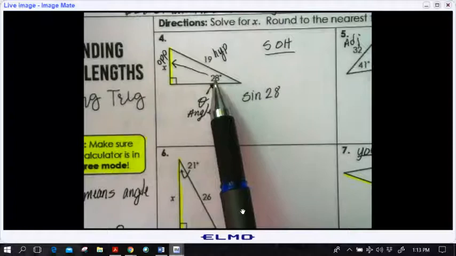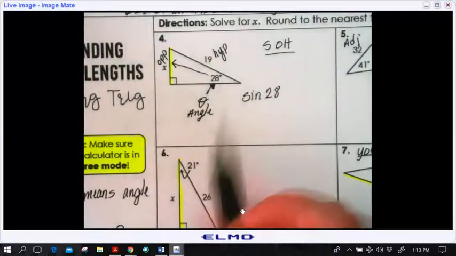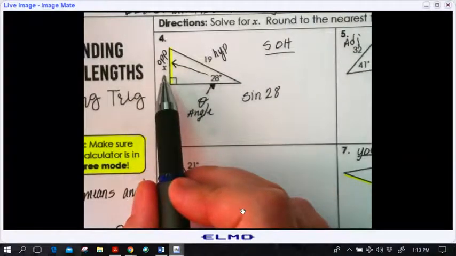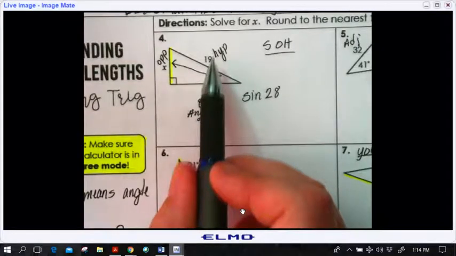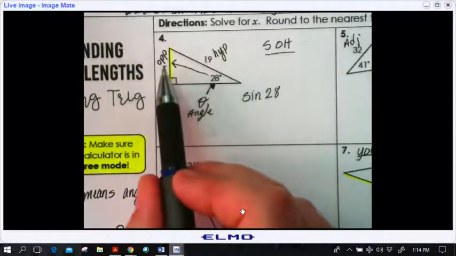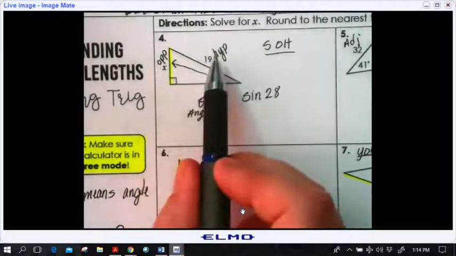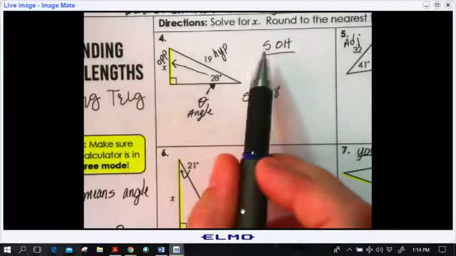So I need to determine what side measures am I given. So I know the opposite is x, and then I know that this side is the hypotenuse. So I need to use the trig ratio that uses opposite and hypotenuse, which is the sine function.